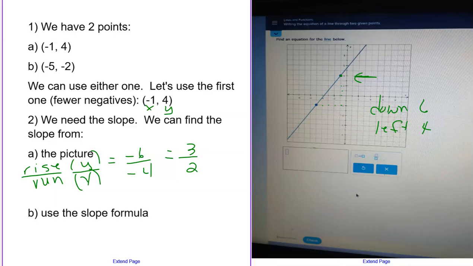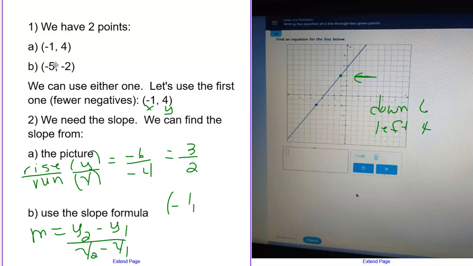Now let's find the slope from the formula. The formula for slope is y2 minus y1 over x2 minus x1. Here are these 2 points. It doesn't matter which one is point 1 or which one is point 2.